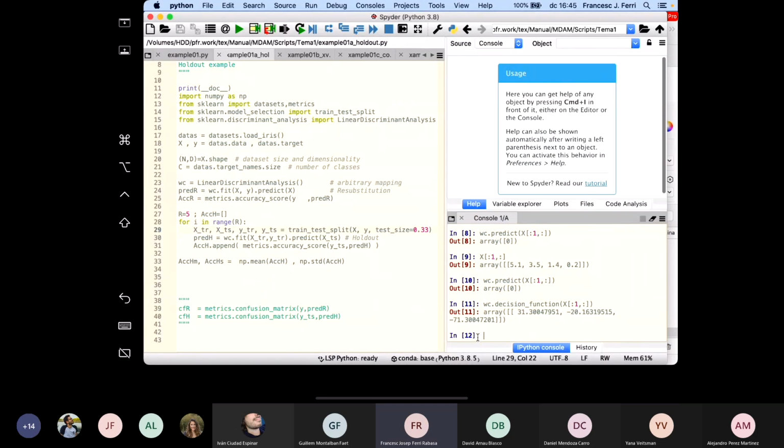These 3 values are the 3 discriminant functions for this input. What's the maximum of these 3 values? What's the maximum? The first, the second, the third?